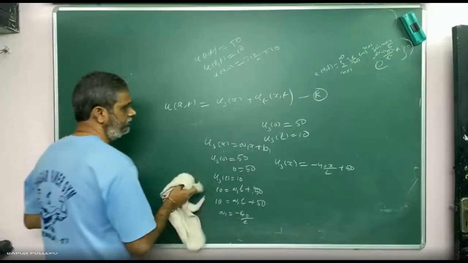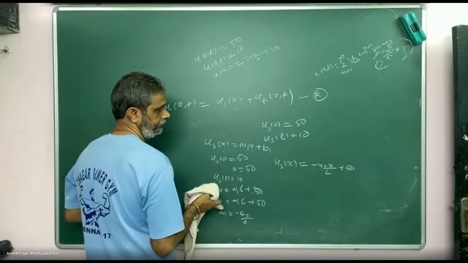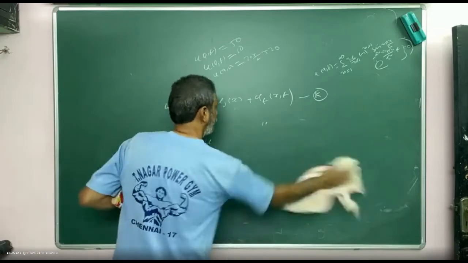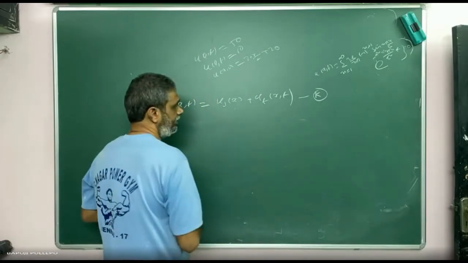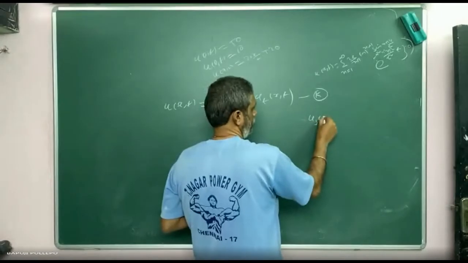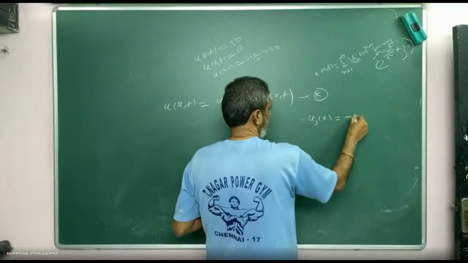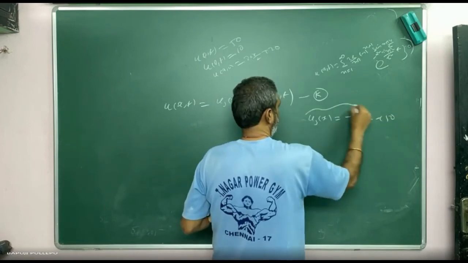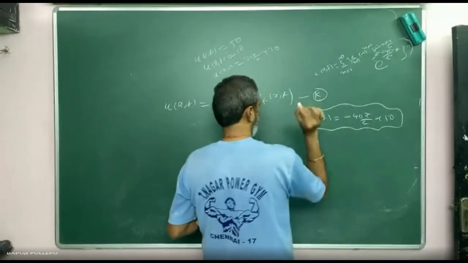Now, Us of x I already got: minus 40x by L plus 50. You can keep this.